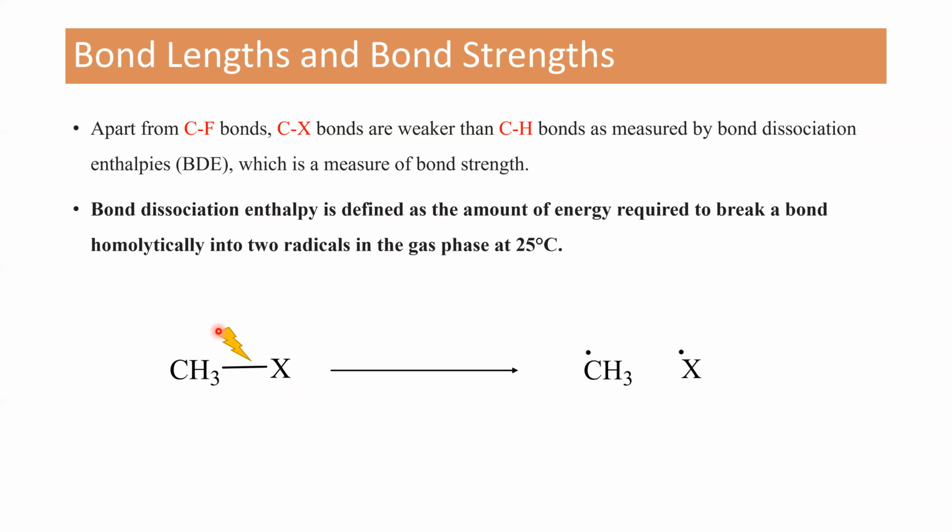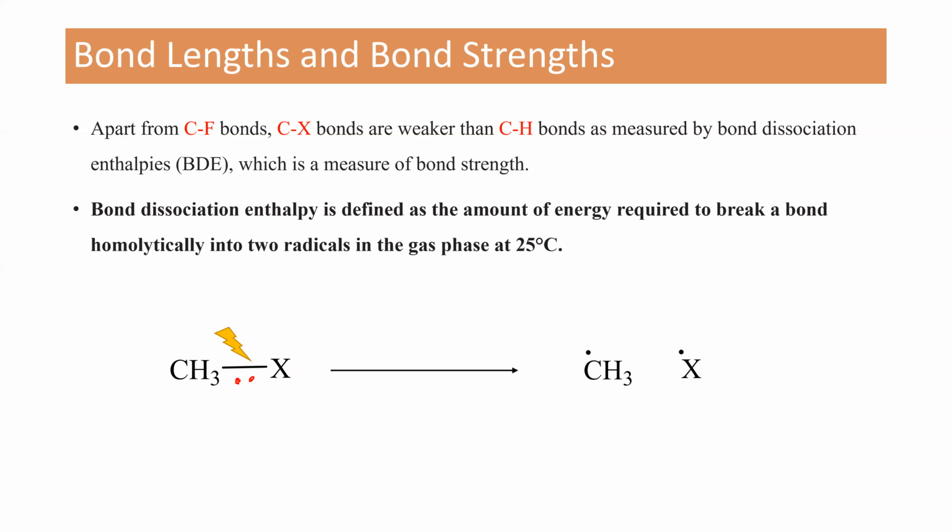This mark shows that we are providing some kind of energy, that could be light or thermal energy, and we are breaking that bond. A bond means there is a pair of electrons.